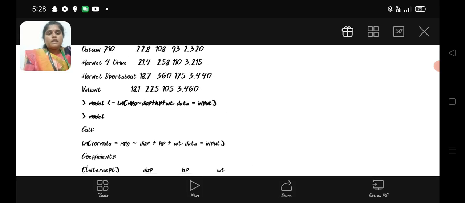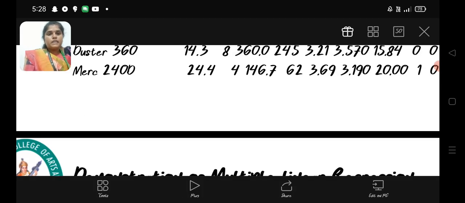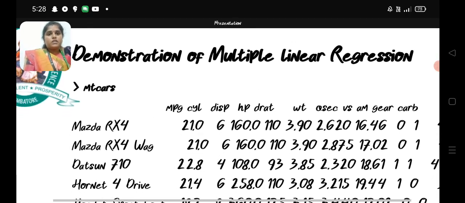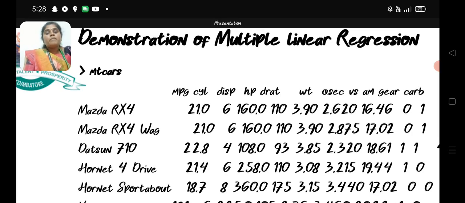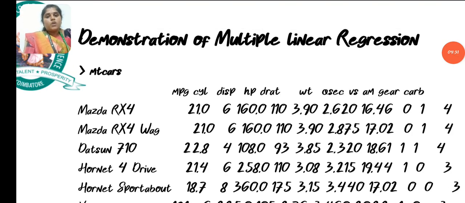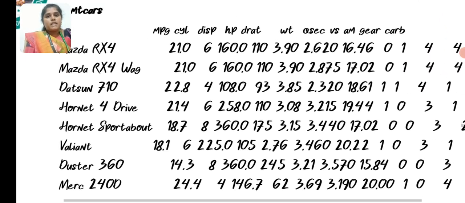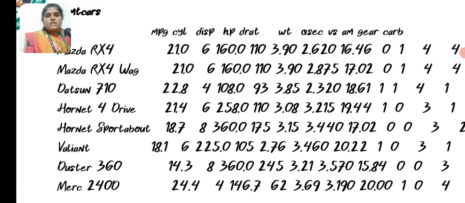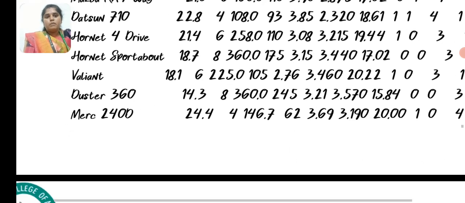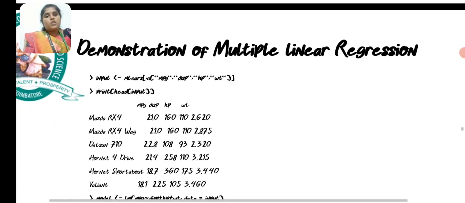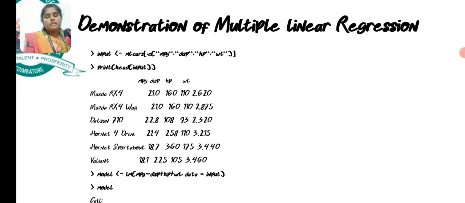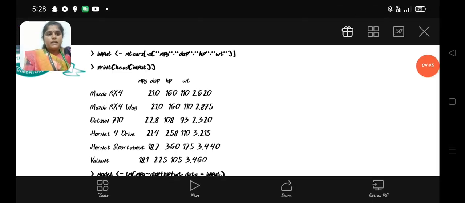In this video I am repeating that multiple linear regression is nothing but one variable being dependent on many other variables. Here I give the example that mpg is always dependent on three variables: disp, hp, and wt.